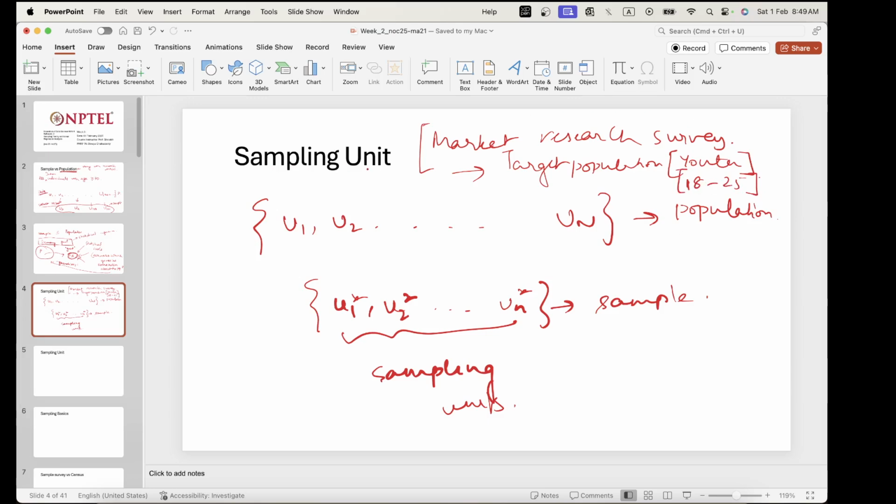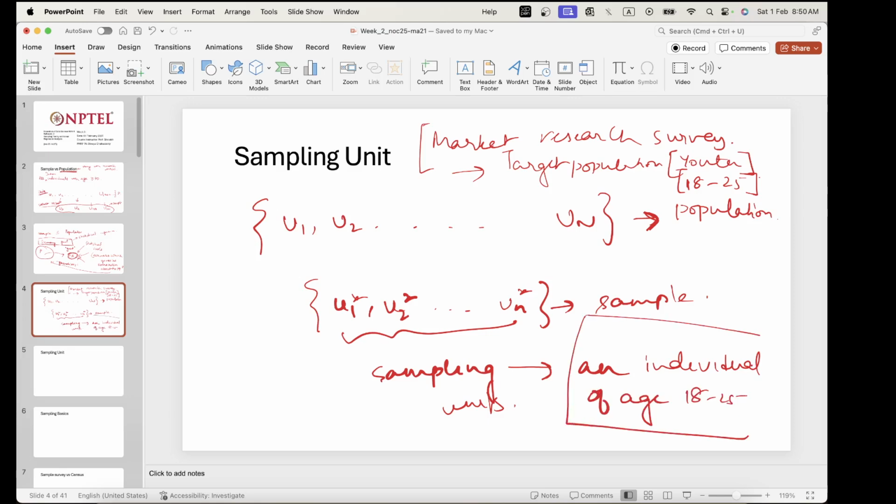So all individuals within this age group form the population. And the sampling unit is what then? The sampling unit would be an individual of age 18 to 25. So I am collecting data on these individuals. So these individuals are actually my sampled units.